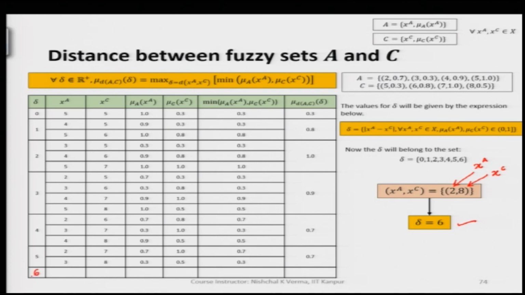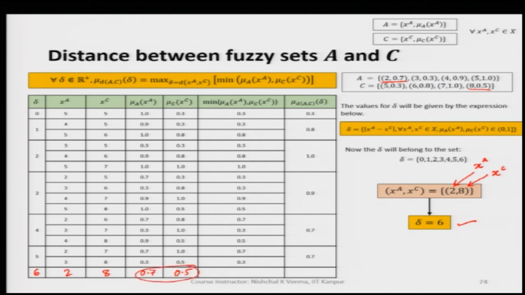So, we will write here 6 and then we will write here 2, and 8, and then let us look for the corresponding membership values. We will directly get these values from the fuzzy sets that have been given to us. Corresponding to 2 we are getting its membership value 0.7, coming from fuzzy set A, and corresponding to 8, its membership value is 0.5.